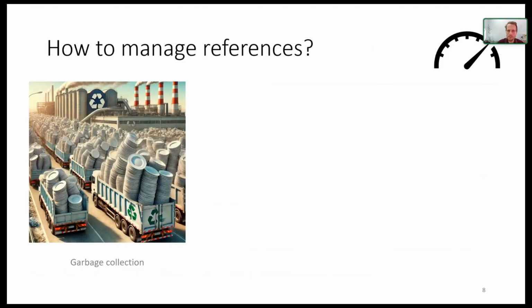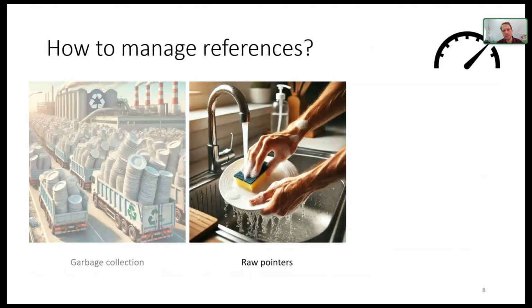So this led me to thinking perhaps we should do one thing that I wanted to experiment with. We should just have raw pointers and have a way to manually deallocate references if we have a good theory of that, which is kind of washing dishes yourself.